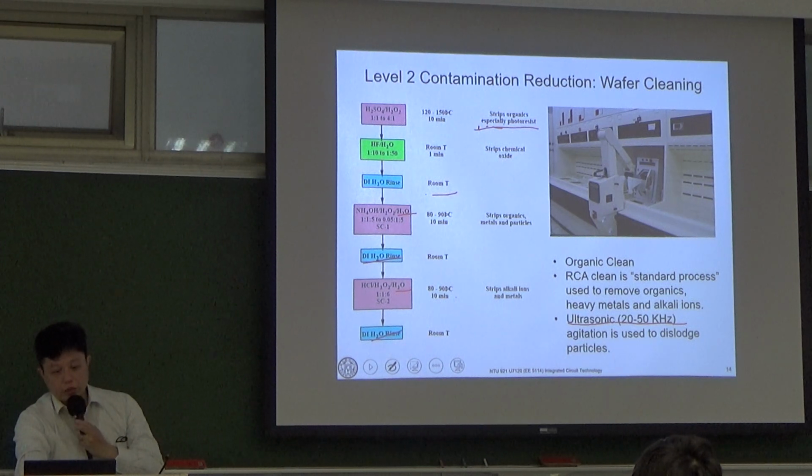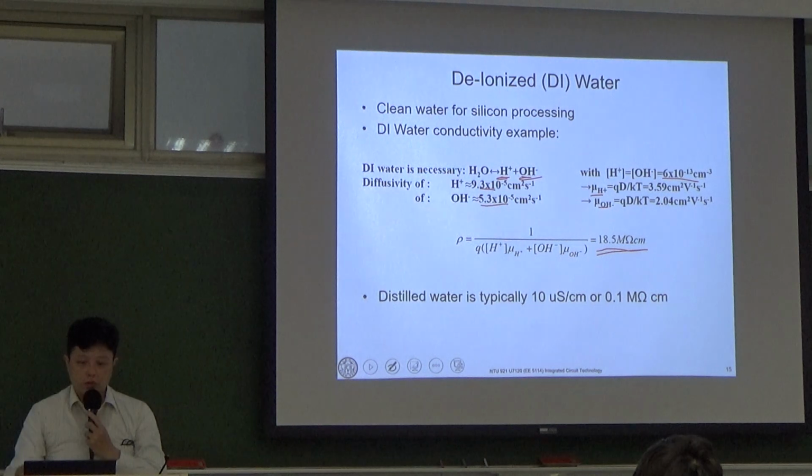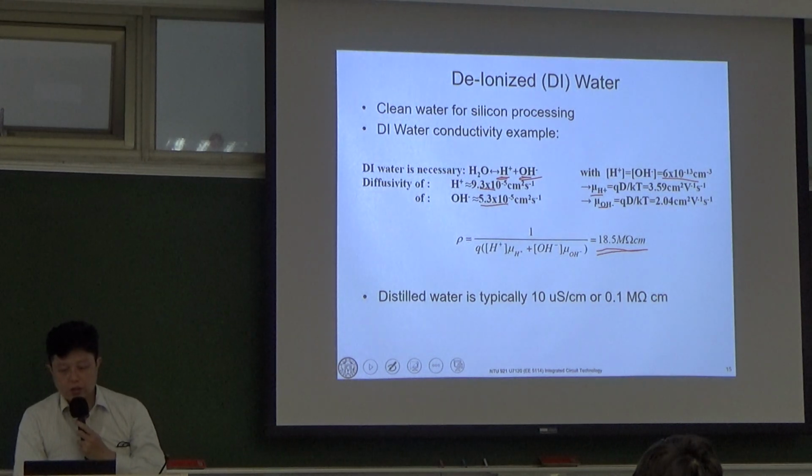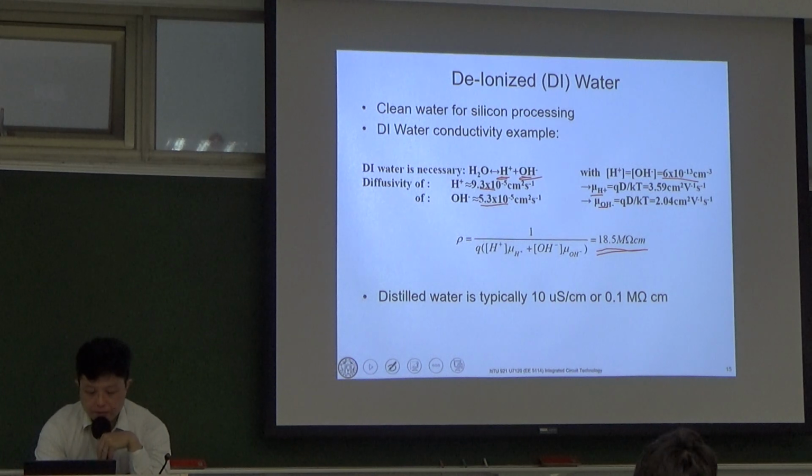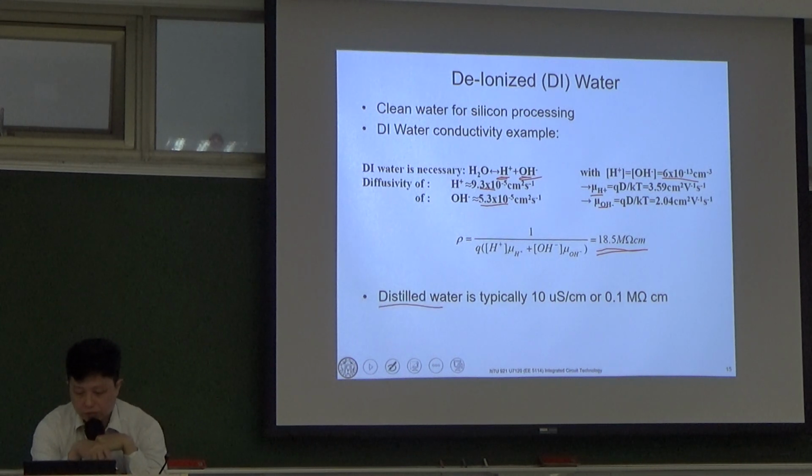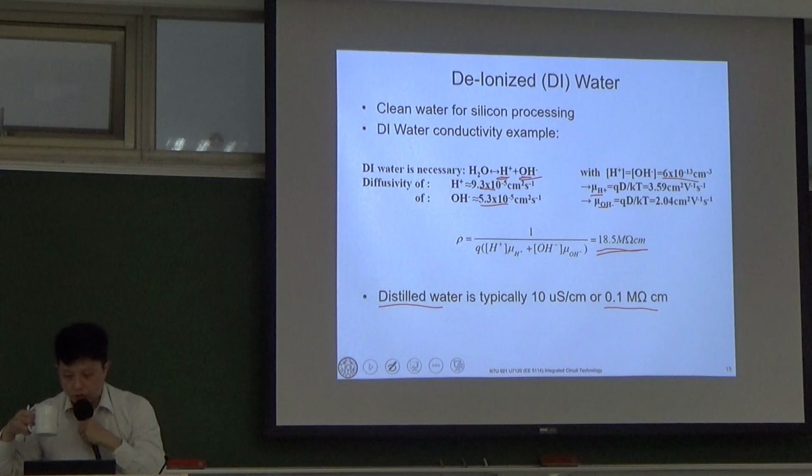Otherwise, you will add more ions, and that will change your chemical reaction. Okay, then this is the distilled water. Typically you can compare the resistivity. In the distilled water, the resistivity is much smaller.